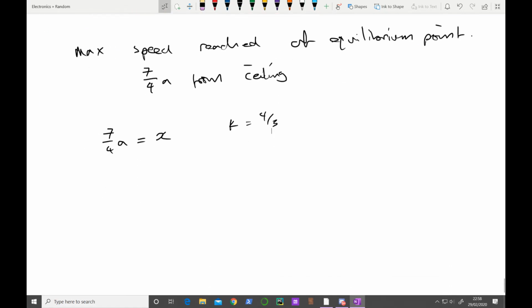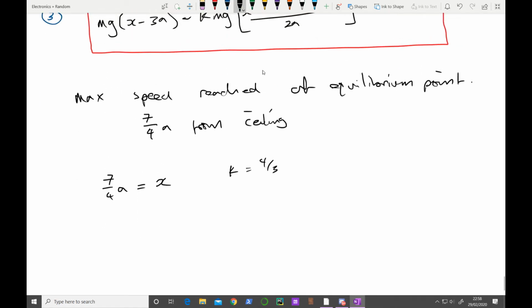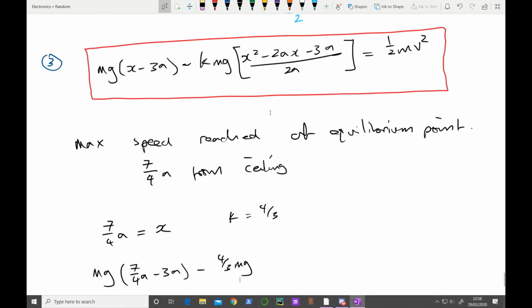Okay, so when we plug in 7 over 4a into our equation here, so mg 7 over 4a minus 3a minus 4/3 mg 49 over 16a minus 2a 7 over 4a minus 3a over 2a equals half mv squared.